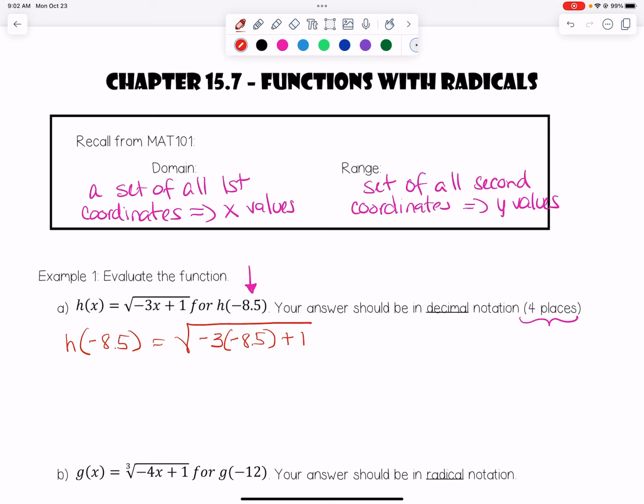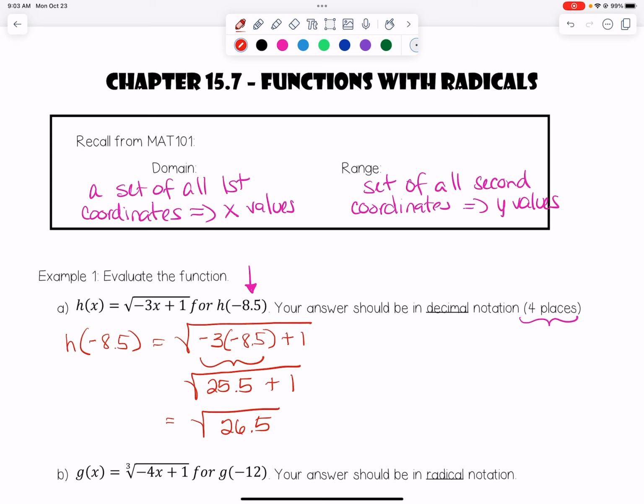So when I take negative 3 times negative 8.5, I now get 25.5 plus 1, still under the radical. And that gives me the square root of 26.5, which I'm now going to figure out in my calculator.